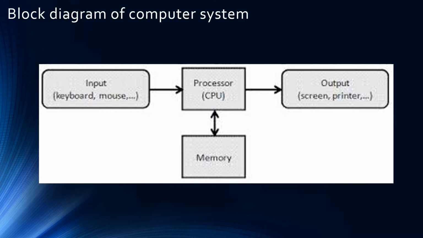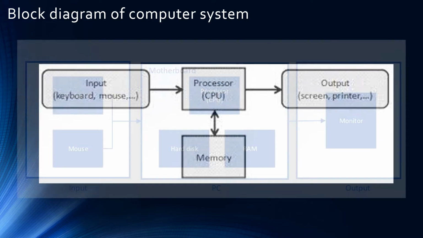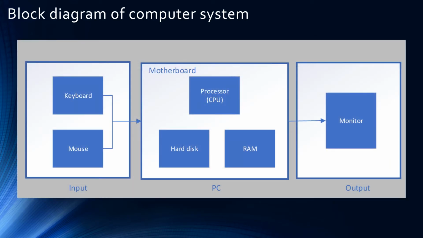I can draw the block diagram like this as well. The PC as the main controller needs to be connected to the output and to the input. So there are three big blocks here: input, PC, and output.